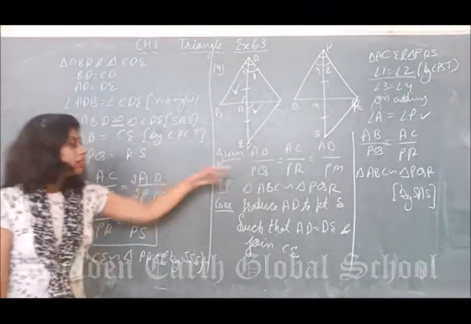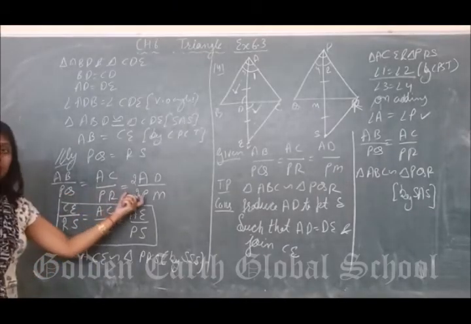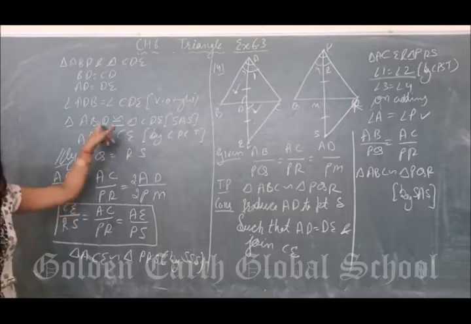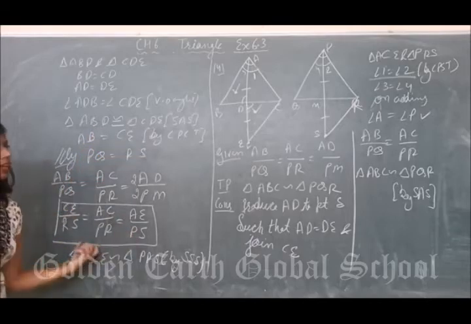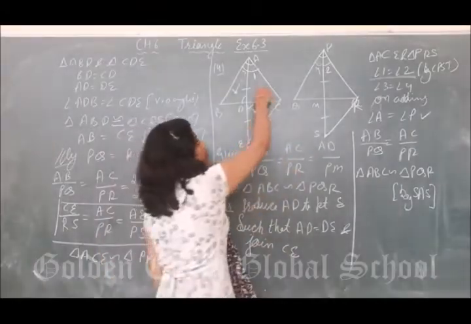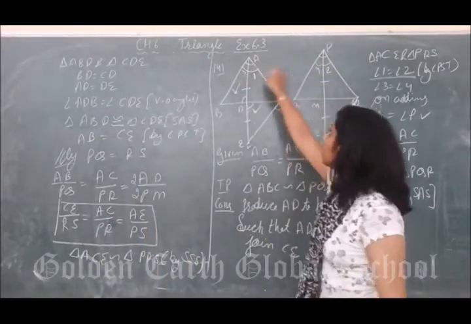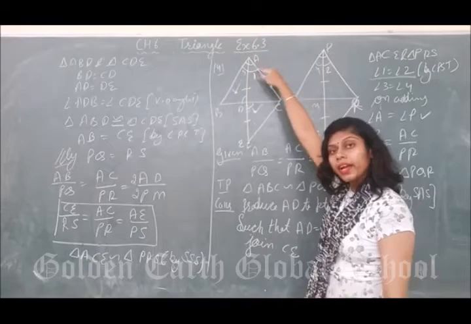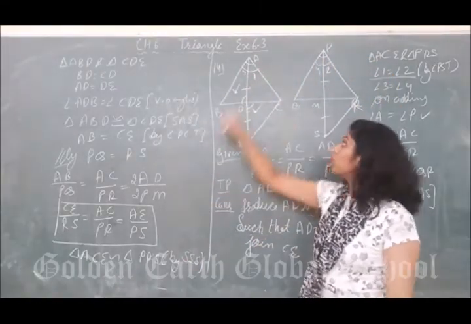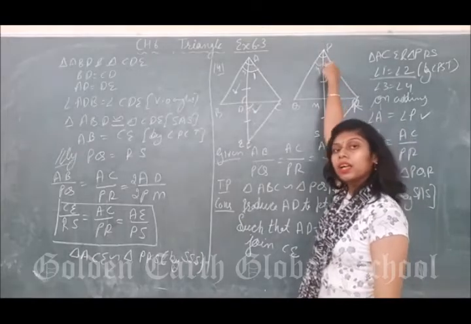Then consider the given statement, then rename it according to this result. So we get this. It means these triangles are similar. According to this, smaller angles are equal. Similarly, we can write down this angle. So on adding, complete angles are equal. So this whole we had done to prove angle A is equal to angle P.